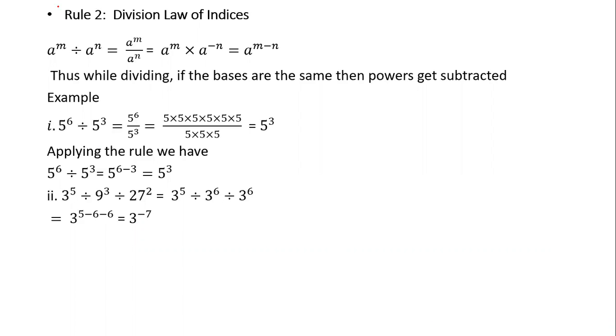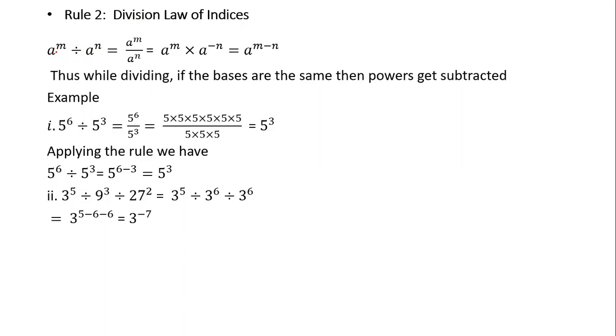So let's go to rule number 2, or law 2. That is also called the division law of indices. If you have a power m divided by a power n, where the bases are the same, a, then since multiplication goes with addition, division goes with subtraction.